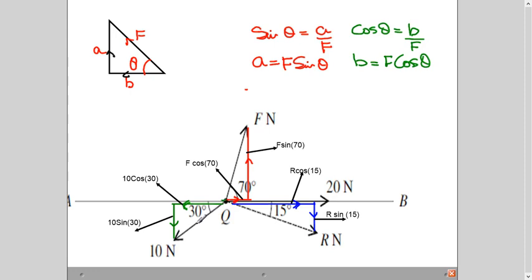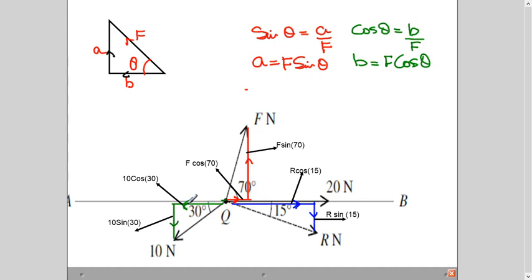Similarly, the 10 Newton force makes an angle of 30 degrees here. When I resolve it horizontally and vertically, the horizontal component is hypotenuse times cos 30, so it is 10 cos 30, and the vertical is hypotenuse times sine 30, so it is 10 sine 30.